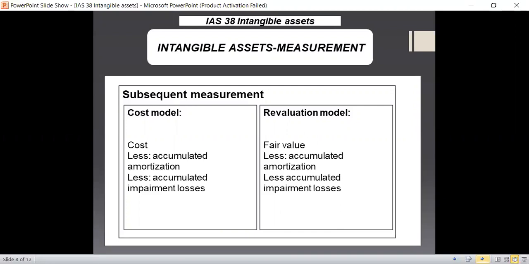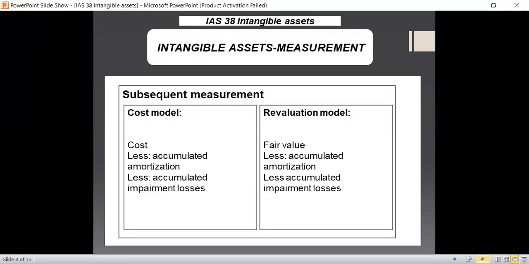But here the depreciation term is replaced by amortization. So whenever we are subsequently measuring our intangible asset by using a cost model, we have to consider the cost less accumulated amortization and any accumulated impairment losses.